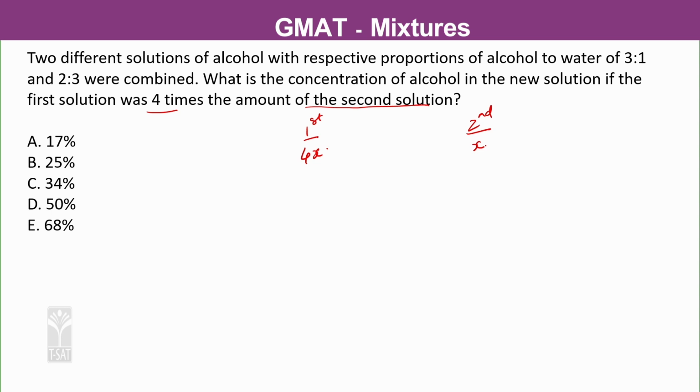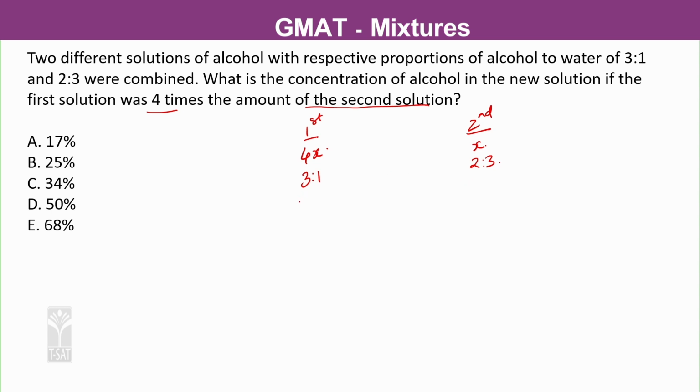Now, we have alcohol to water, the ratio is 3:1 in one solution and 2:3 in the second solution. So, they are asking the concentration of alcohol in the new solution if both of the solutions are combined.